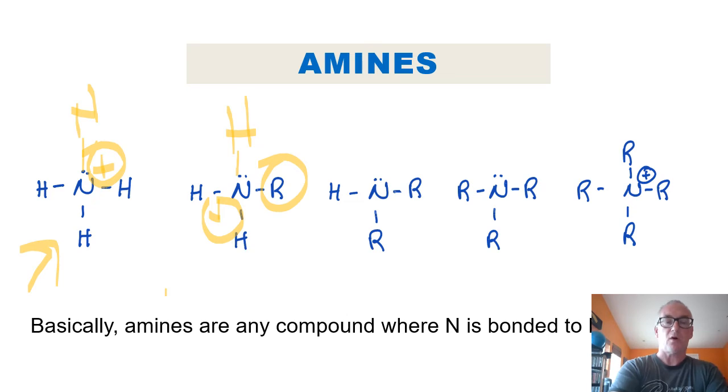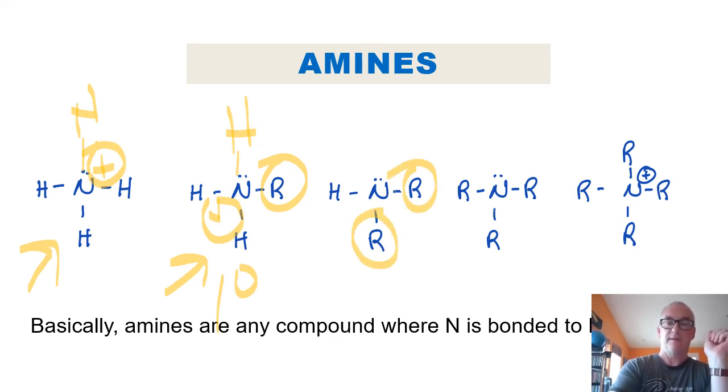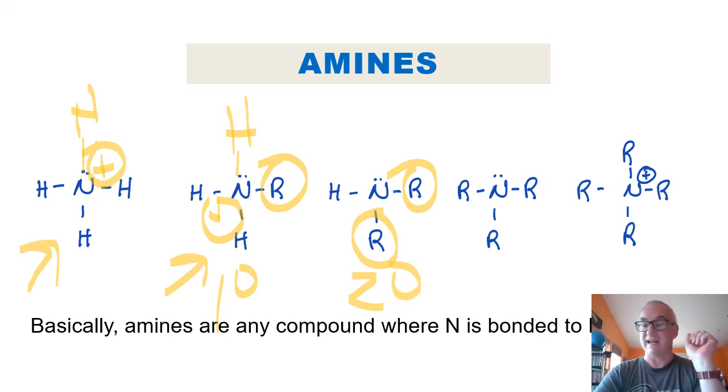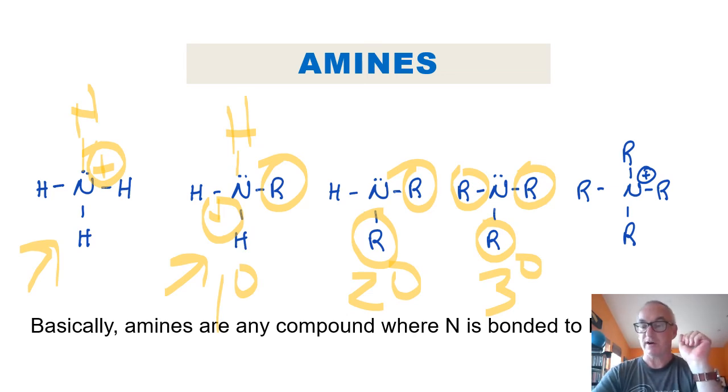So this would be called a primary amine because it's only attached to one carbon group. This has two carbon groups. That would be a secondary amine. This one is attached to 1, 2, 3 carbon groups. That's a tertiary amine. And then finally, you can have 4 groups because we know that nitrogen can form 4 bonds.